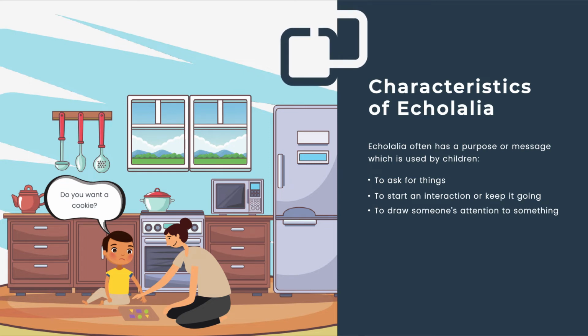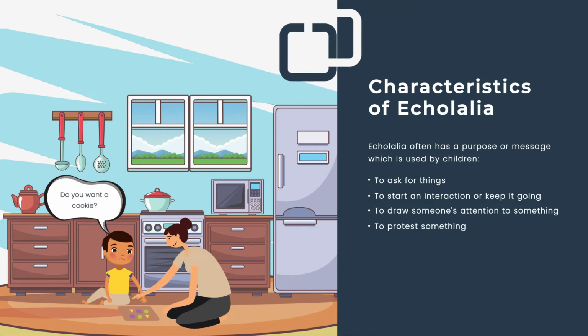And also to draw someone's attention to something, like, it's Superman, it's Spider-Man, look, it's a bird. He says this when there is no bird, no Superman. What he means is there is something that needs your attention that he is interested in.